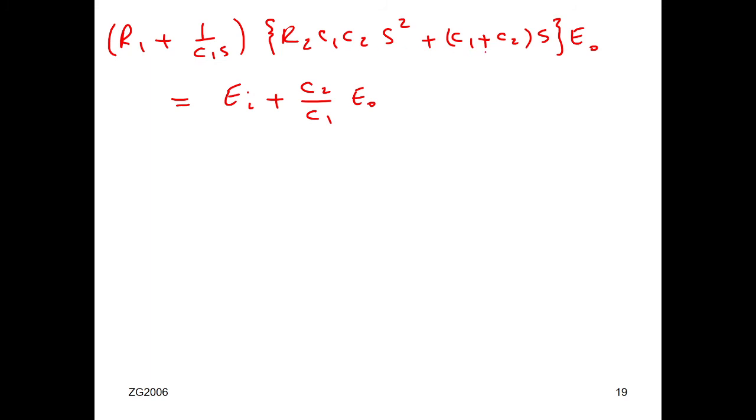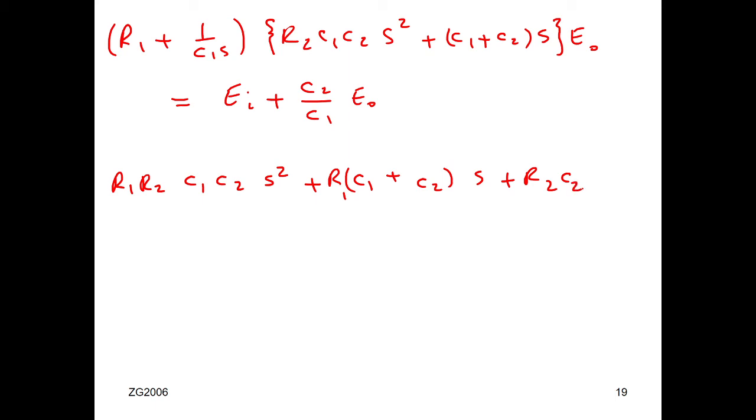So you can distribute the terms because this is going to simplify your transfer function. You will get it easily after this step. So I'm going to distribute the terms, all this one. So start with S square. This is going to be R1, R2, C1, C2, S square, plus C1 plus C2 times R1 S plus, if you multiply this one, it's going to be R2 C, which one will cancel?